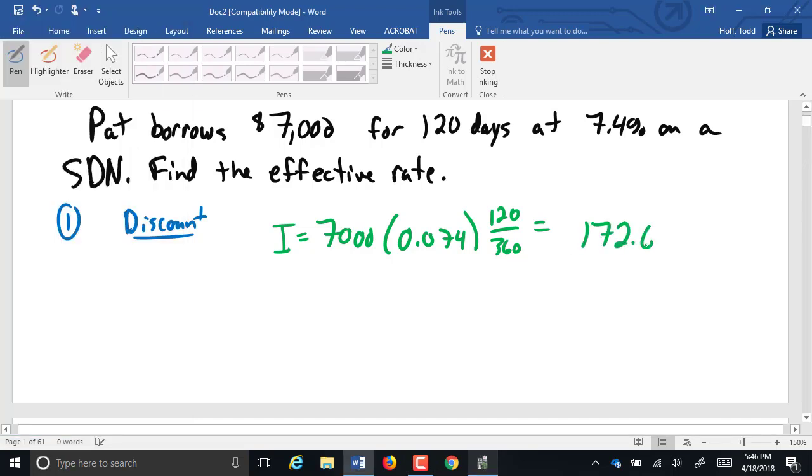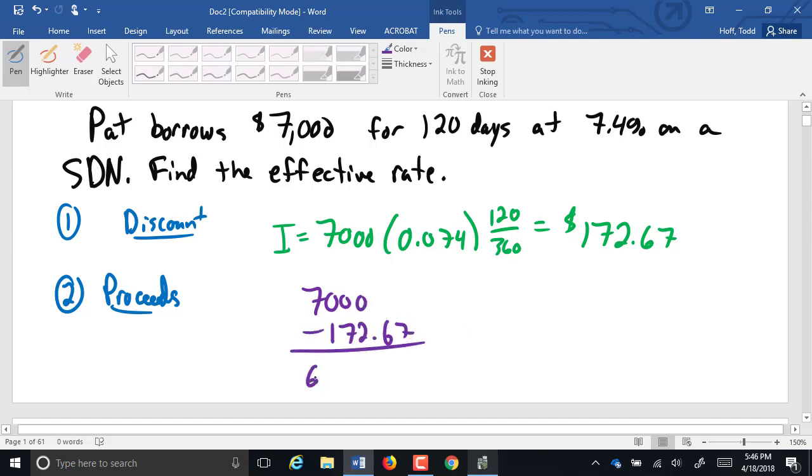Does that look right? Next, we find the proceeds. That's going to be the 7,000 minus the 172.67. So $6,827.33.